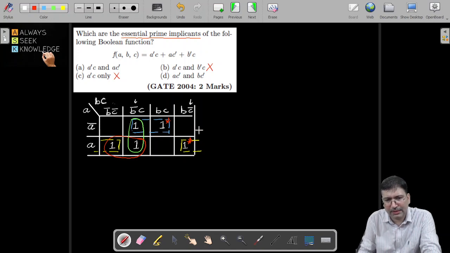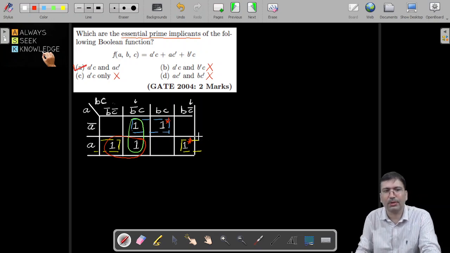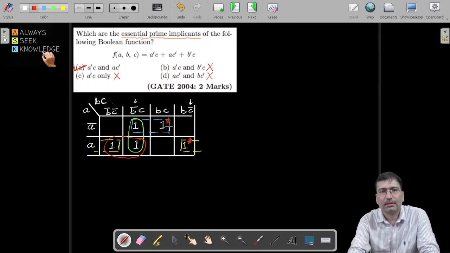So if this is one and you make this pair like this, then you can say BC bar. So this is also wrong. That means the right answer for this question is this only, right? So I hope with these two examples you must be able to identify the implicants, prime implicants and essential prime implicants. Thank you for connecting.